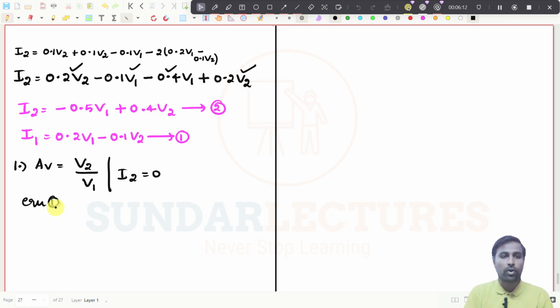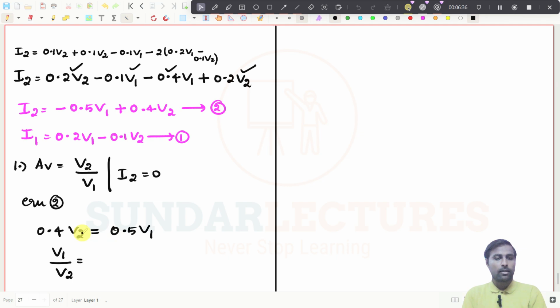Sorry, not 1, from equation number 2. So it becomes 0. So 0.4 V2 will be equal to 0.5 V1, and finally V1 by V2, you bring this one to this side, this one to that side, so V1 by V2 will be equal to 0.4 divided by 0.5, right?